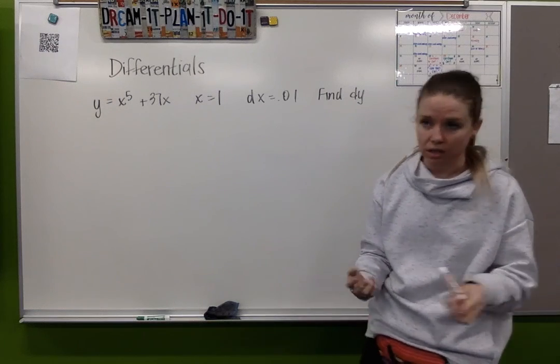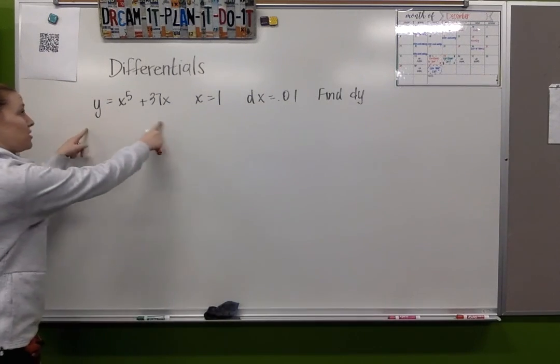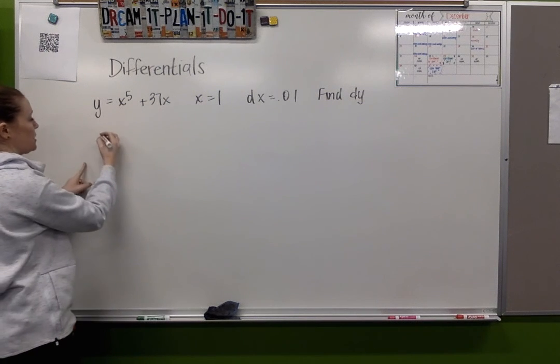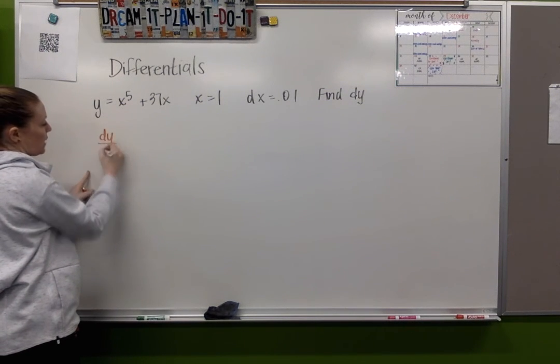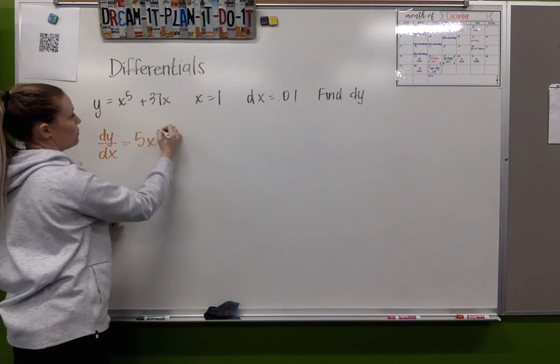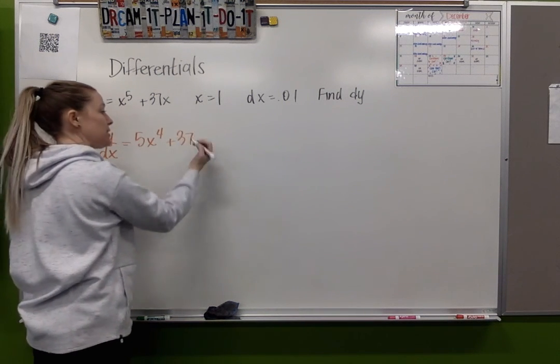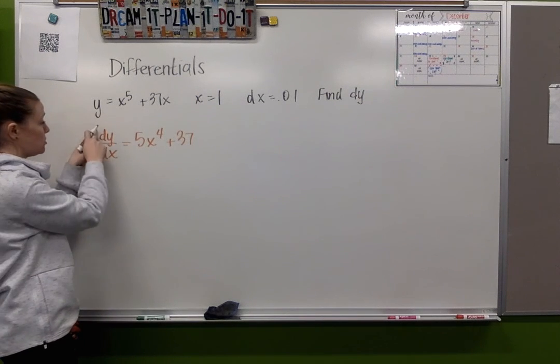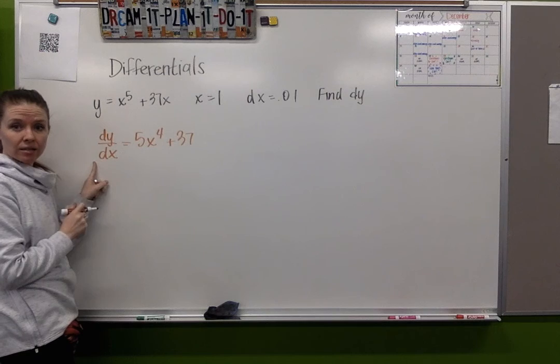So the way that this looks, we can take the derivative of y equals x to the fifth plus 37x. This becomes dy dx equals 5x to the fourth plus 37. Typical derivative, derivative of y with respect to x.